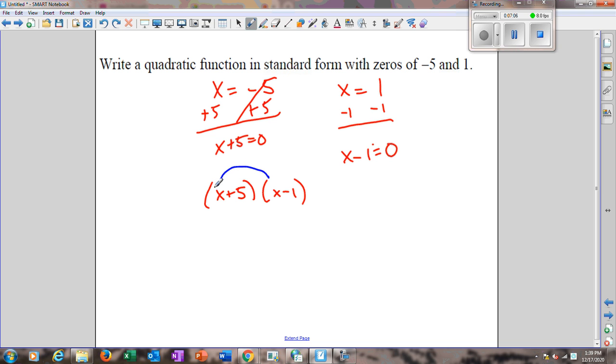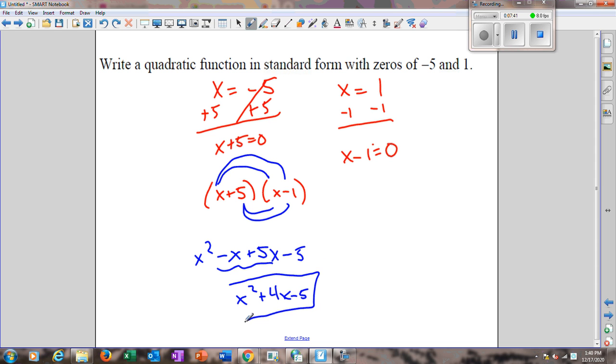Now I distribute that x to both of these terms and the 5 to both of these. x times x gives us x squared. x times negative 1 gives us negative x. 5 times x is positive 5x. 5 times negative 1 is negative 5. Combine our like terms in the middle: x squared plus 4x minus 5. And that's our final answer.